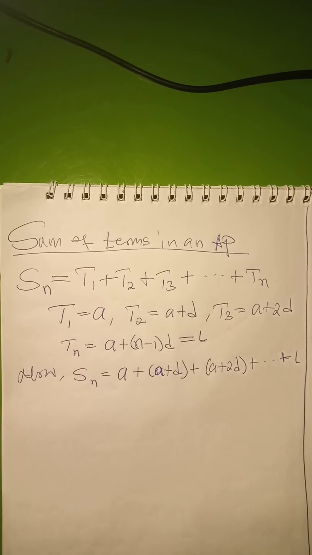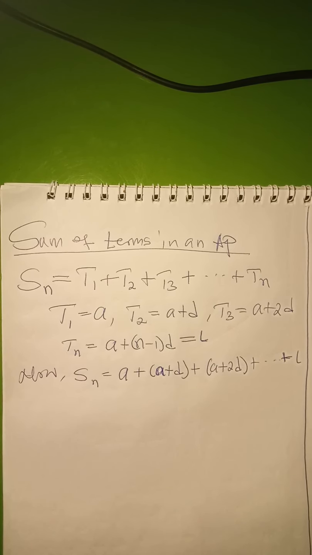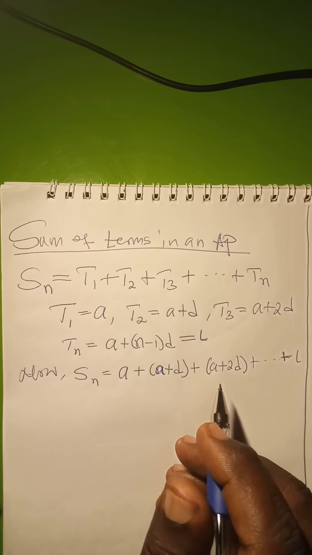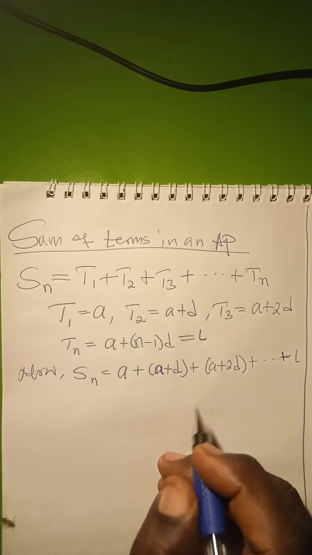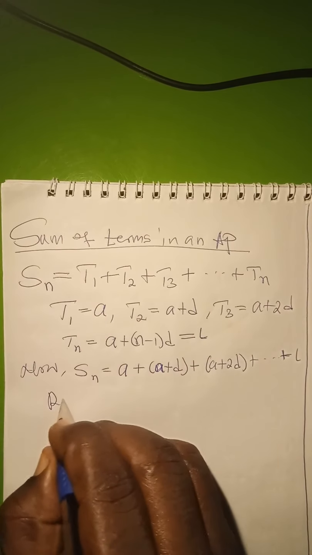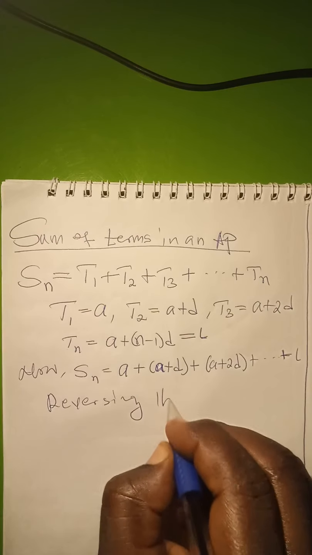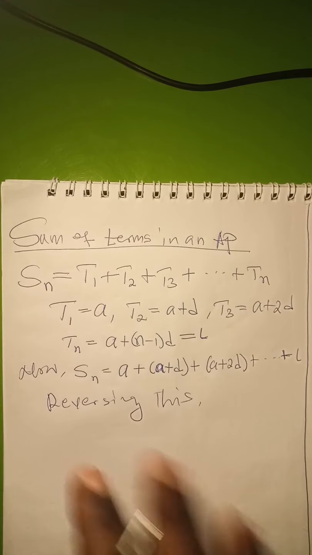That is it. Now I am going to refer back to our previous video, where we reversed the series to get the sum of two terms, then divided by 2. That's what we're going to apply here. So what do we obtain when we reverse this?